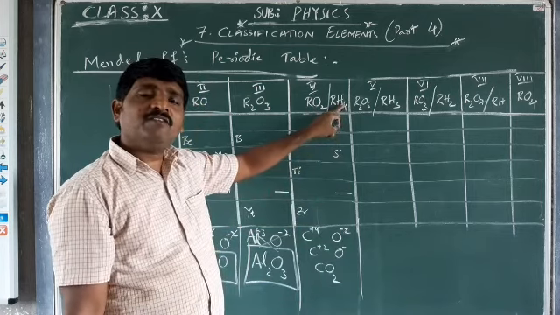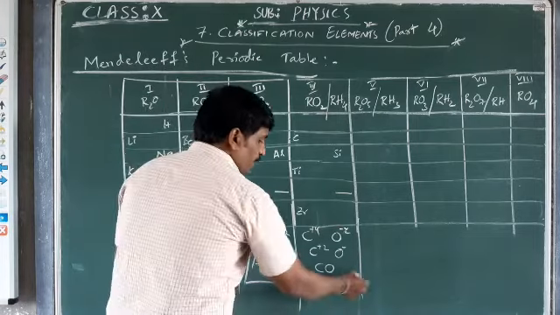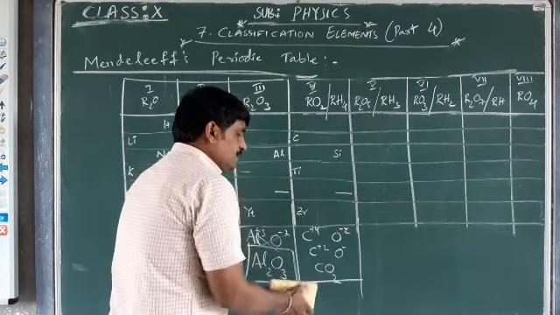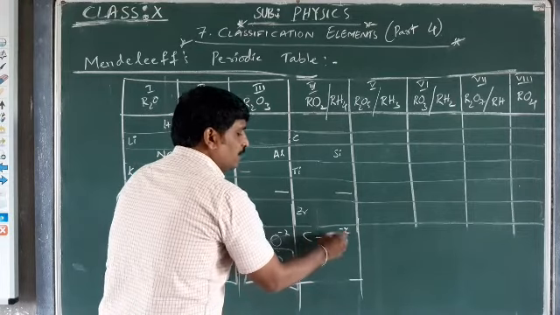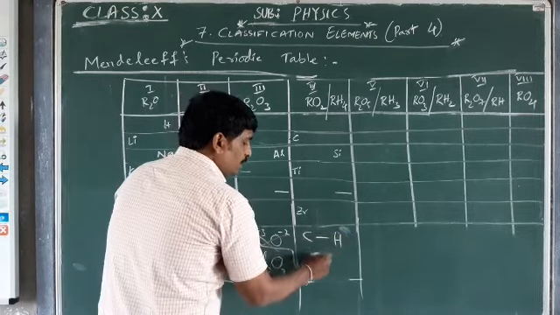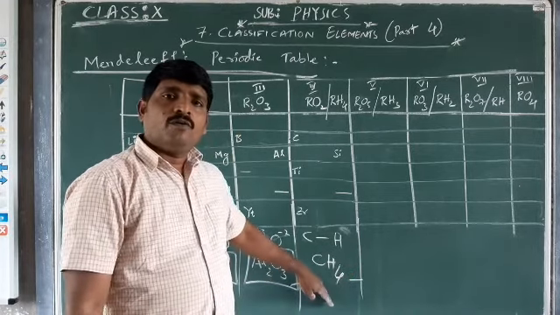Sometimes, if carbon is reacting with hydrogen, it will be in the form of CH4, RH4. If it reacts with hydrogen, it gives the compound in the form of CH4.